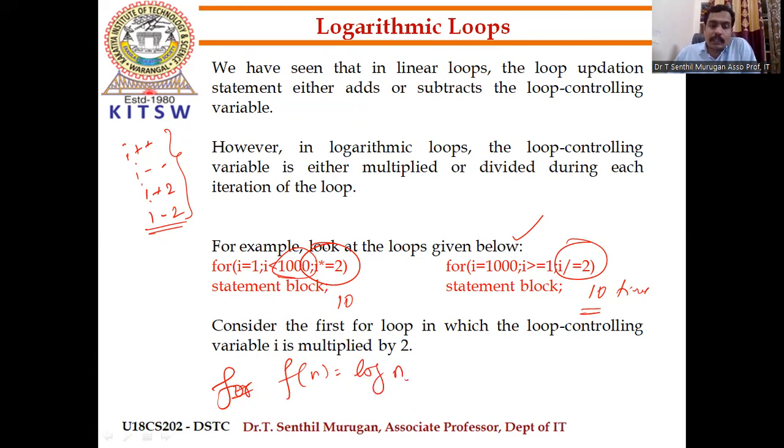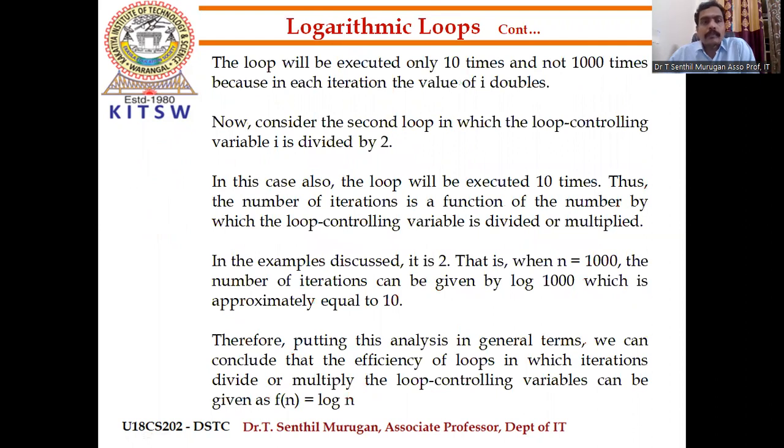When we are thinking about multiplication and division, it is not executing 1000 times. It is log of 1000, which is approximately 10. Log of 1000 comes to 10 point something, so the loop will be executed only 10 times, not 1000 times.